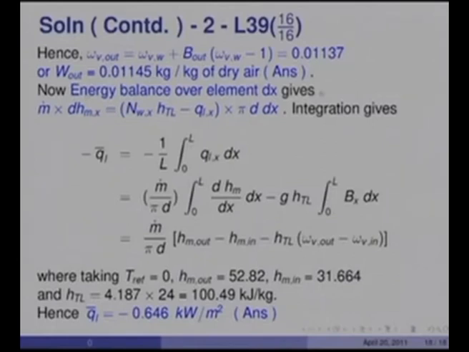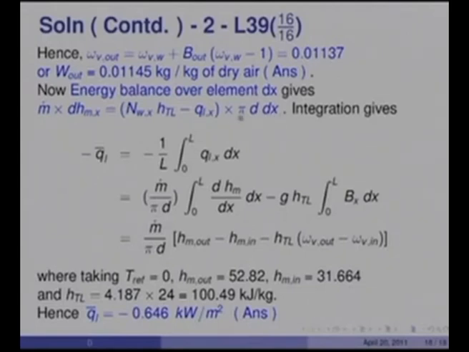Now, if I do an energy balance, then you will see m dot into change in enthalpy would be equal to the mass transfer from the surface, HTL, minus QL, which is the conduction heat transfer or the heat away from the wall, into pi d dx, which is the perimeter of the tube into dx.